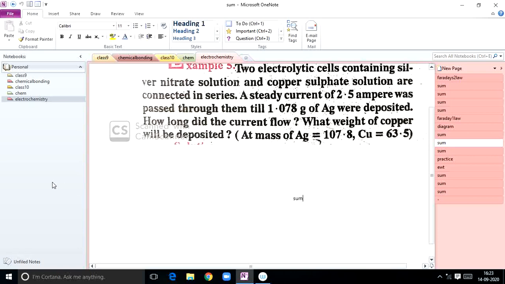So what type of relation is it? Two electrodes, a steady current is passed. How much current is given here? Current I is equal to 2.5 ampere, passed through them till the mass of silver deposited, mass of silver, is 1.078 grams.